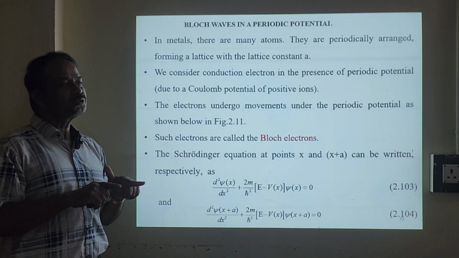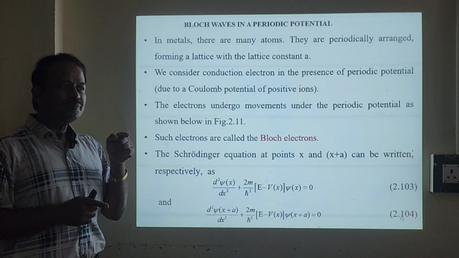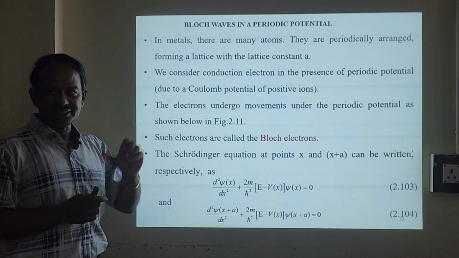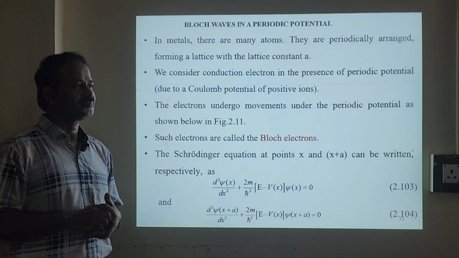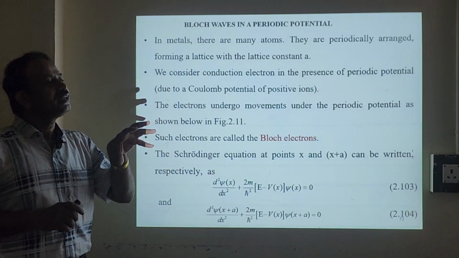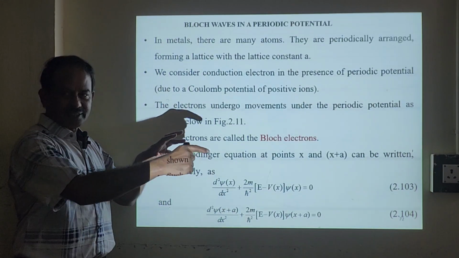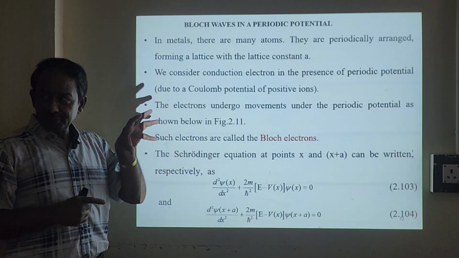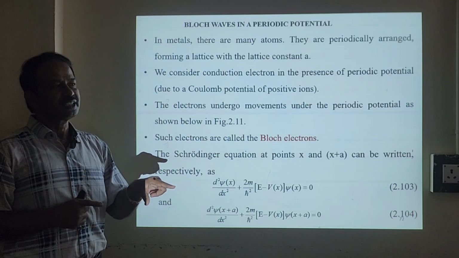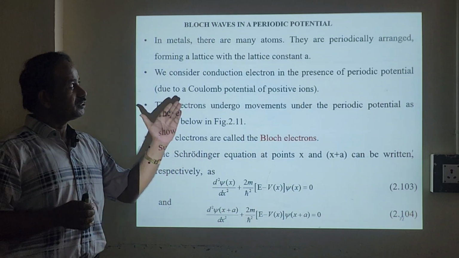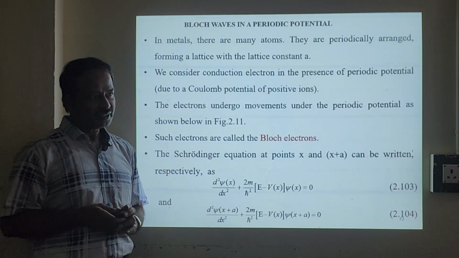So it moves periodically. It implies that some plane waves will be associated along with the periodicity, which depends on the periodicity of the lattice. This periodicity multiplied with the plane wave equation will be the complete solution, which was given by Felix Bloch.